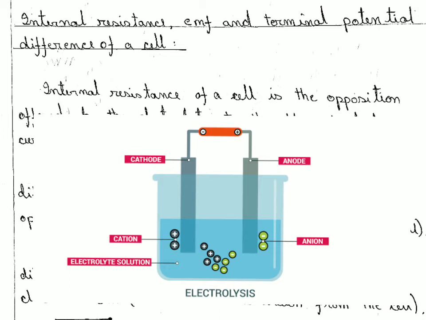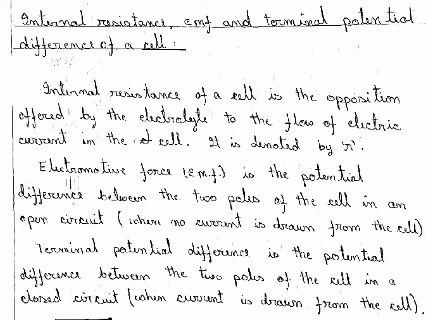And this resistance offered by the electrolyte of the cell when the electric current flows through it is known as the internal resistance of the cell, and it is denoted by a small letter r. Now, for a freshly prepared cell, the value of internal resistance is very low. But as the cell is put to more and more use, its internal resistance goes on increasing.